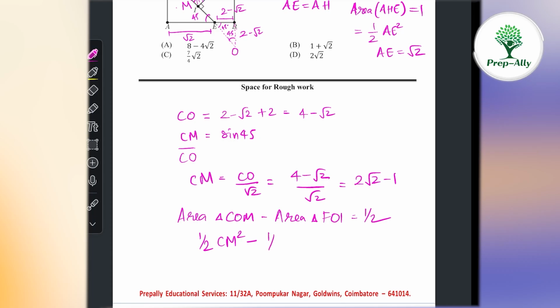So half FI squared, right, which is equal to half. So we know what CM squared is. So half times 2 root 2 minus 1 the whole squared, minus half FI squared equals half.